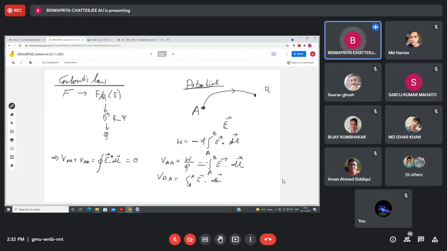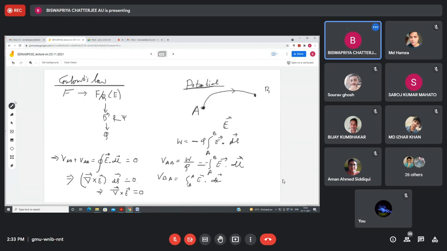So this is a very crucial expression: the line integral of E dot dl over a closed line is 0. Now, as per Stokes theorem, if you recollect, it will be the integral of del cross E dot ds, which is 0. So from there you can write del cross E is 0.